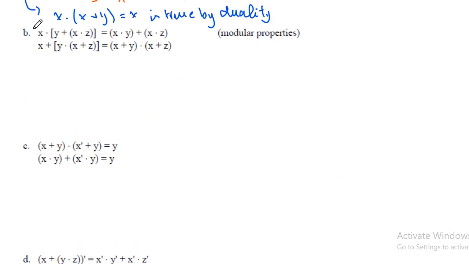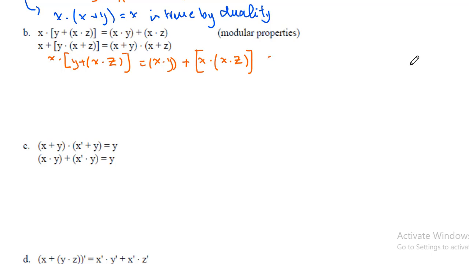So for this example, what we have is x dot y plus x dot z is the same as x dot y plus x dot z. So we start with one side, and I'm going to start with the left hand side. I see that if I use the distribution property, because I need x dot y, at least I'll get there for this first term, plus, and then x dot z.